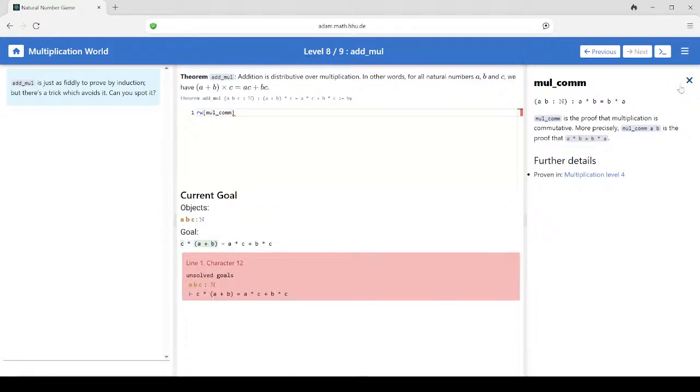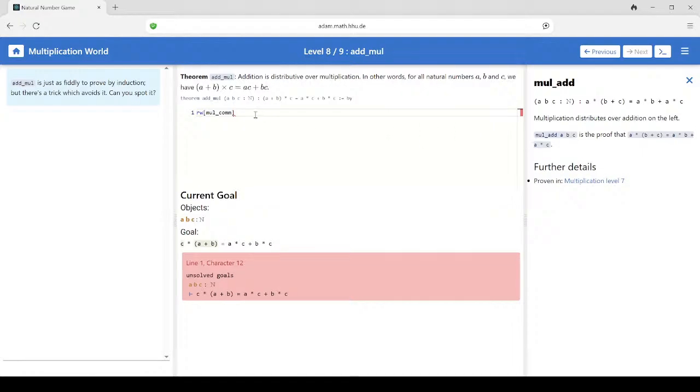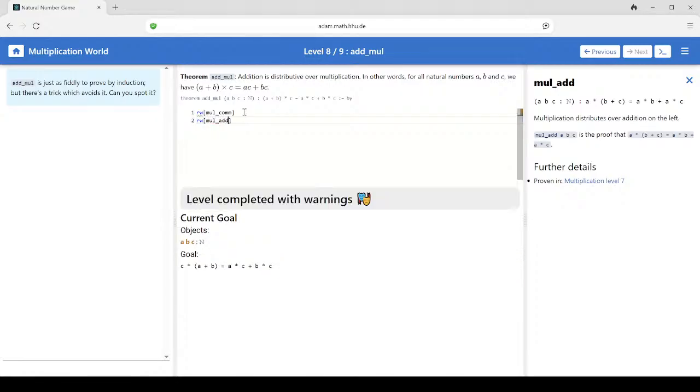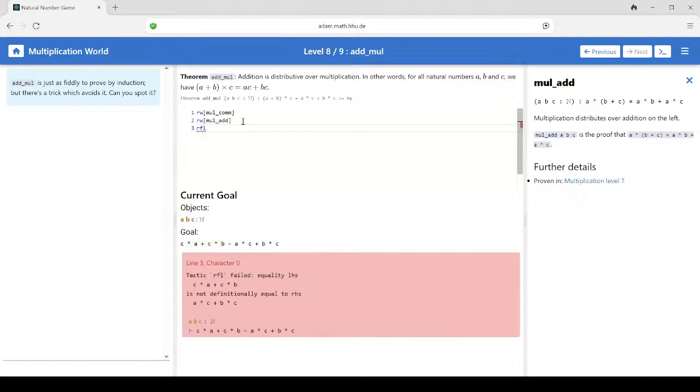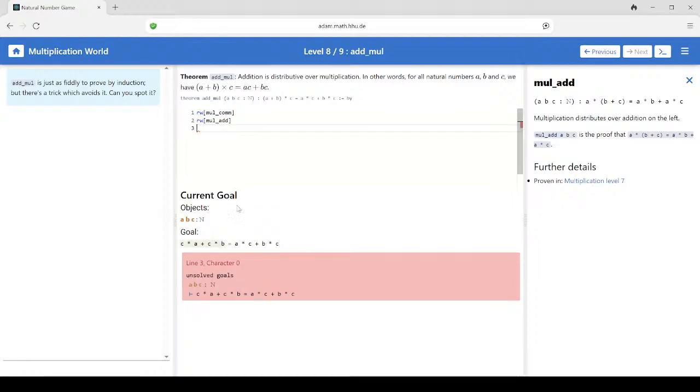We just switched its form around, and now we can use this one. And now they're the same, and we avoided induction. Wait, did we not? Hang on. Am I blind? Oh, I need to actually read before I jump to conclusions. Yeah, C times A plus C times B.